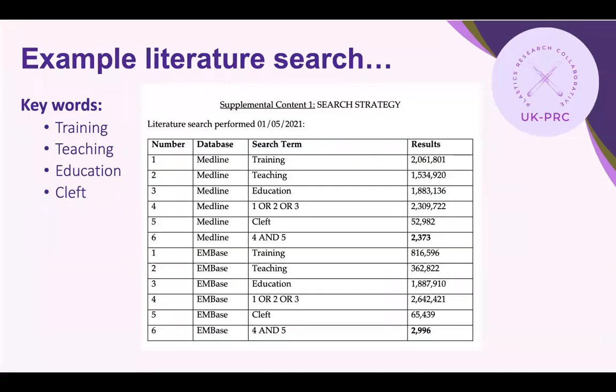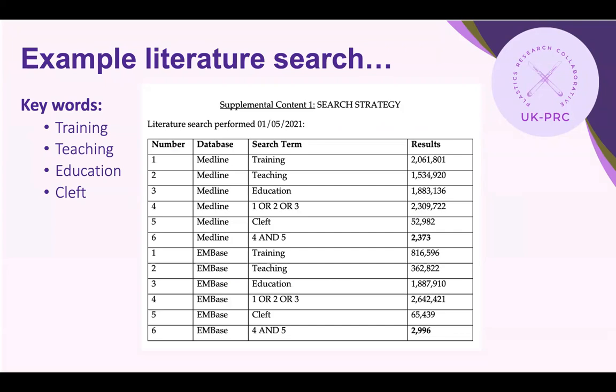Once you've got your keywords, you are essentially going to input them. I would recommend making a table like this for your manuscript. You wouldn't submit it as part of the actual manuscript content itself. You could submit it as a supplementary file so that if the reader wants to see what your search strategy involved, you just click on the link and they'll have access to it.